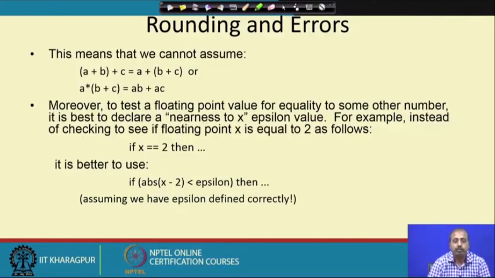If you put it in a program, you may find that it creates some problem. So, it is better that you write it like this: absolute value of x minus 2 is less than some epsilon, where epsilon is a very small positive quantity. We find the difference between x and 2, take the absolute value of that so it becomes positive, and then check whether it is less than epsilon or not. Normally in a floating point program, instead of writing the equality directly, we have to write it in this format to avoid this type of problem.